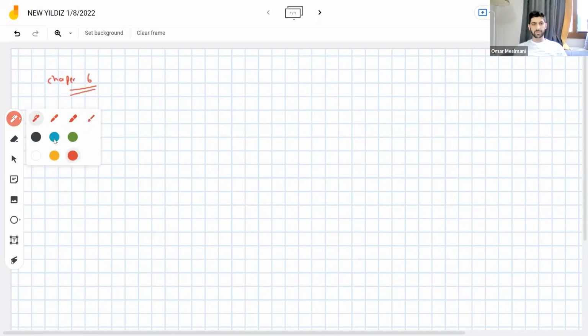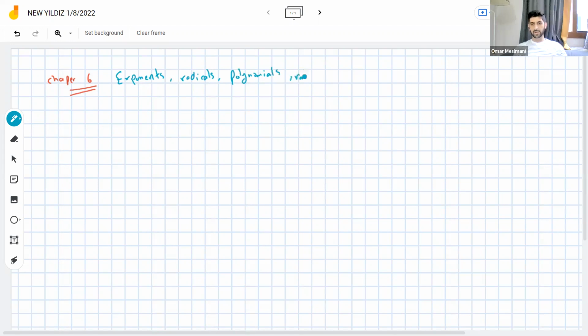The name of the chapter is exponents, radicals, polynomials, rational equations, and growth and decay equations.